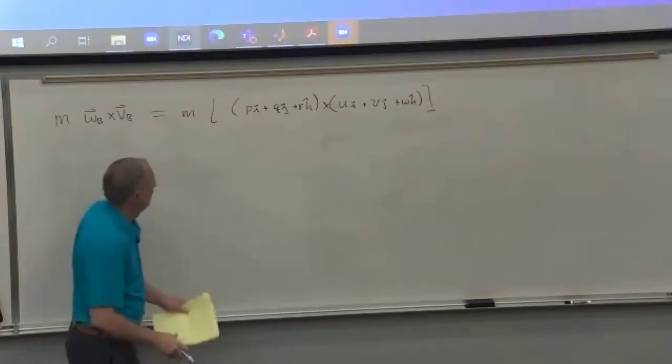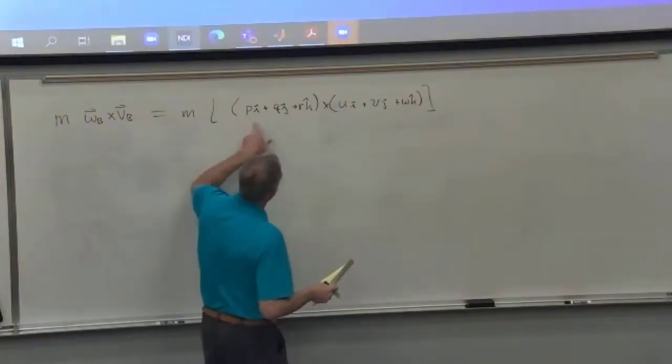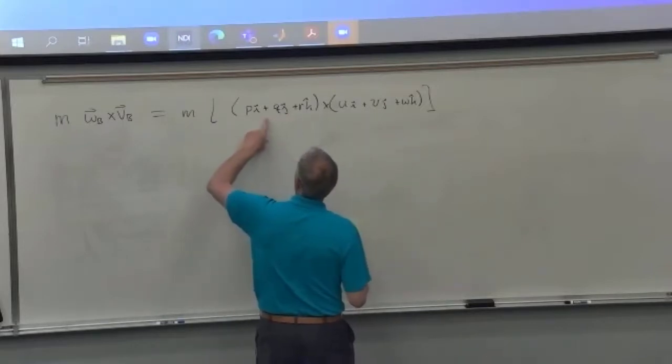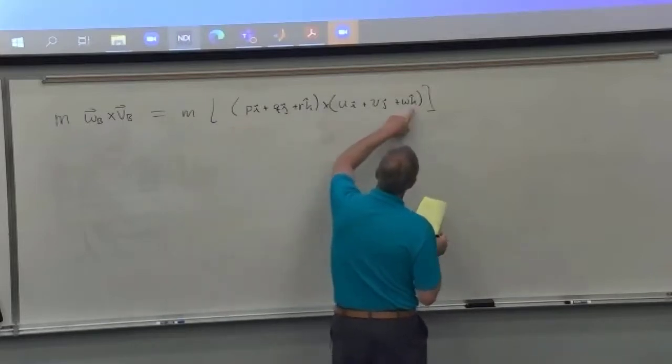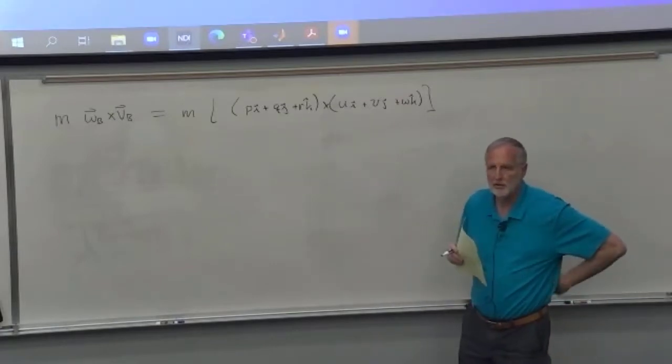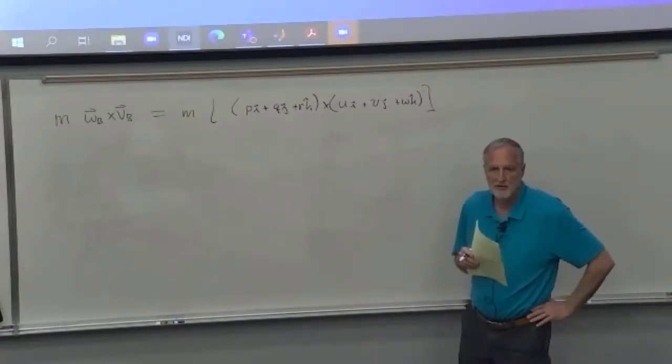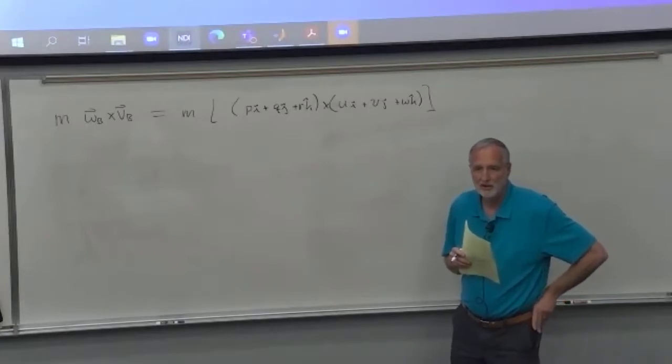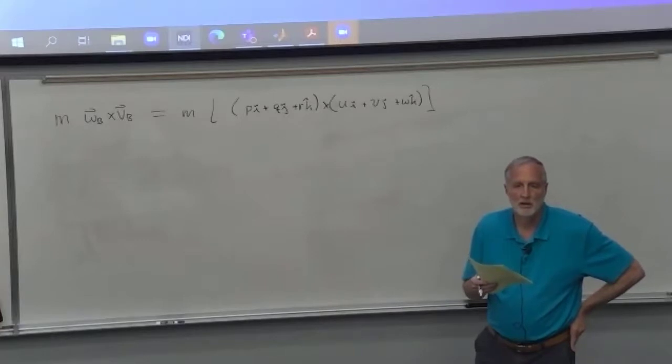So we could do I cross I is 0, I cross J is positive K, I cross K is negative J, right? So on. Is there another way you guys typically do cross products? You guys remember? How would you do it? You do what? The determinant.